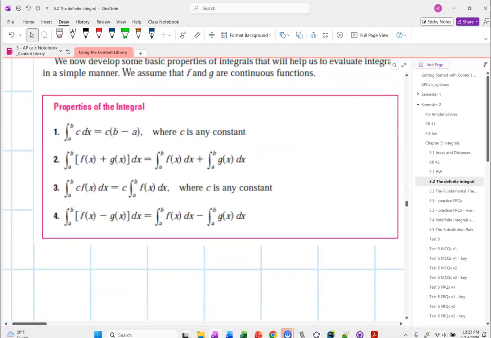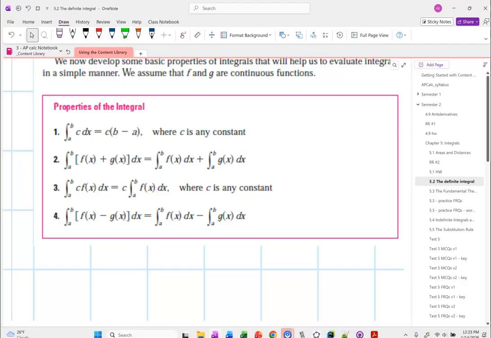The next one is if I take an integral of a constant, that's how I can compute it. Let's think about what this is really saying. What's the graph of like y equals a constant look like? Straight horizontal line, right? If I go from a to b, what's the area under that straight horizontal line look like? What shape is it? It's just a rectangle, right?